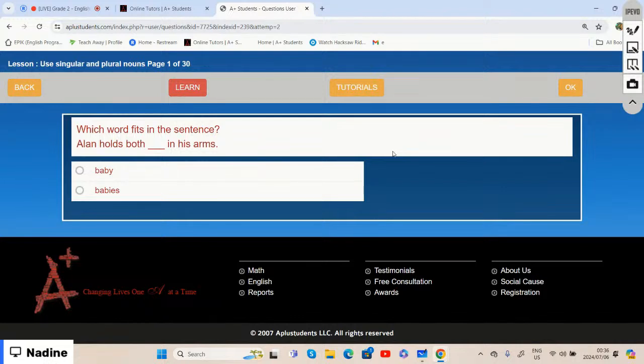So Alan holds both baby in his arms or babies in his arms. Which one is correct?